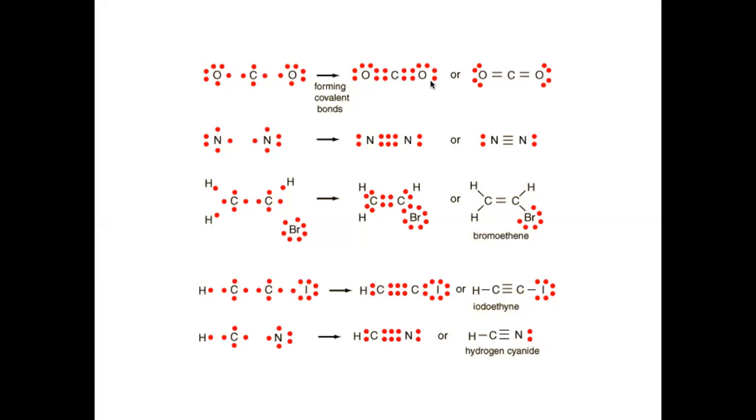For each shared pair of electrons, we will draw a bond. So this oxygen and carbon have a double bond. There are 4 electrons represented here: 1, 2, 3, 4. And this carbon and oxygen also share 4 electrons and form a double bond: 1, 2, 3, 4.